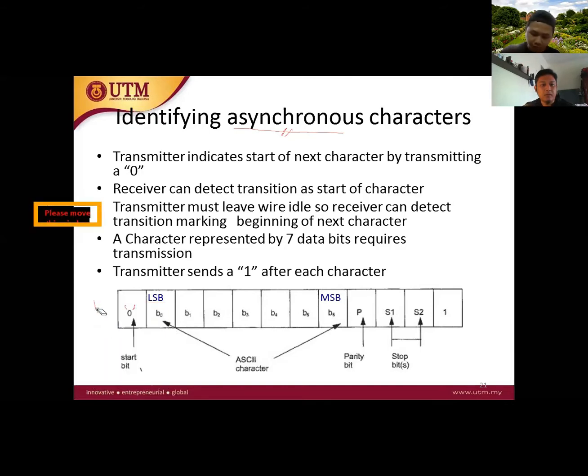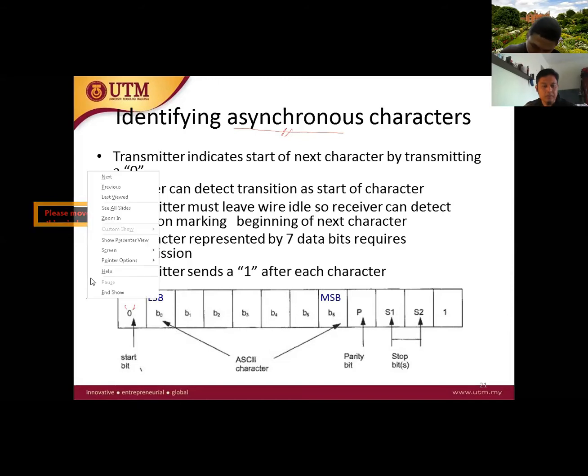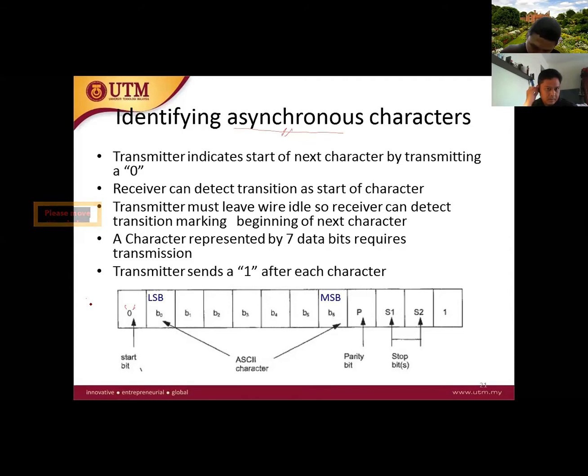Okay, sorry, not low, high. Zero is represented by a high voltage level, typically 12 volts. So when the transmission detects a high voltage level, this is represented by a 0 bit. Okay.